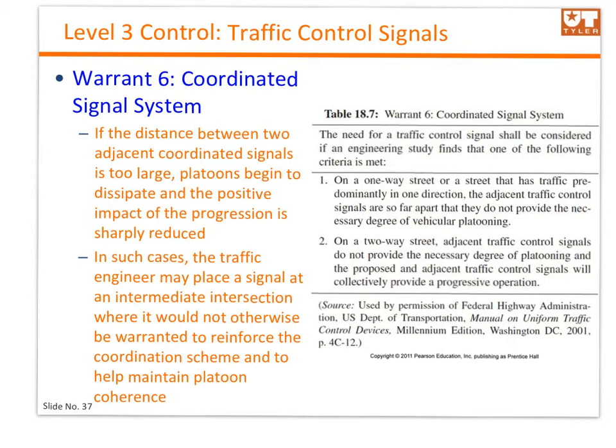The first criterion is: on a one-way street or a street that has traffic predominantly in one direction, the adjacent traffic control signals are so far apart that they do not provide a necessary degree of vehicular platooning. Or, on a two-way street, adjacent traffic control signals do not provide the necessary degree of platooning, and the proposed and adjacent traffic control signals will collectively provide a progressive operation. So that's basically warrant 6.